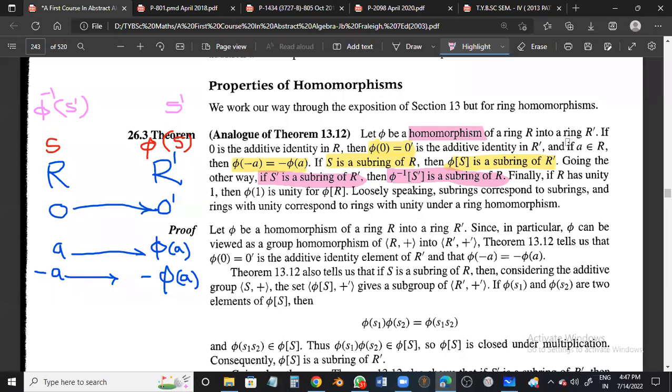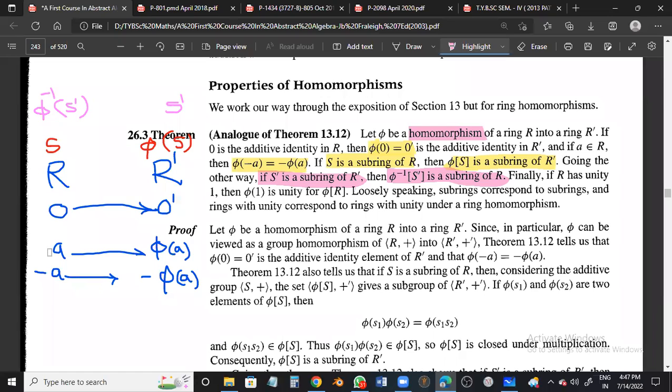Next point, for every A belonging to R, phi of minus A goes to minus phi of A. I would like to read it as the image of the negative is the negative of the image. I repeat, the image of the negative is the negative of the image.